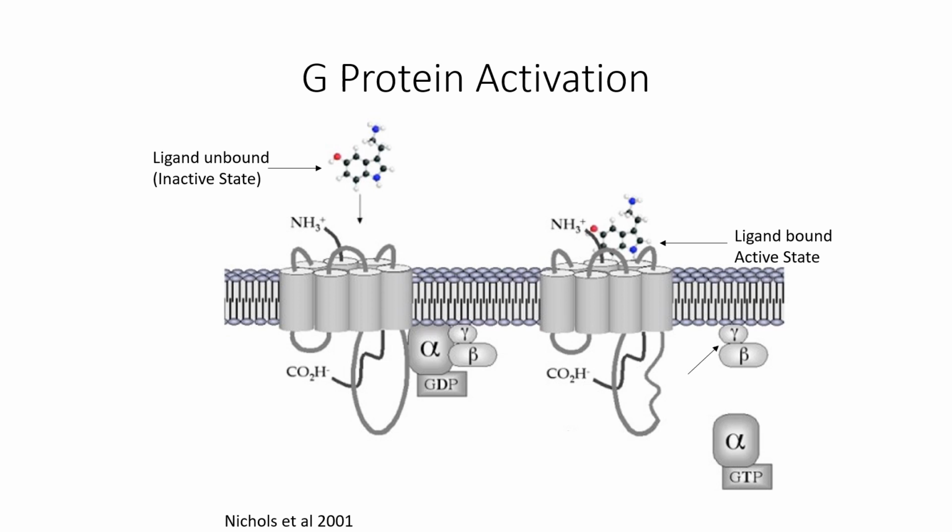It has split into 2 subunits. The beta and gamma subunits remain attached together, and the alpha subunit and GDP have remained attached together. But you should notice that instead of GDP in the active state, we now have a GTP, guanosine triphosphate, in which we have picked up a phosphate group. These 2 pieces of the receptor are going to produce responses that we can measure in something called cellular signaling.